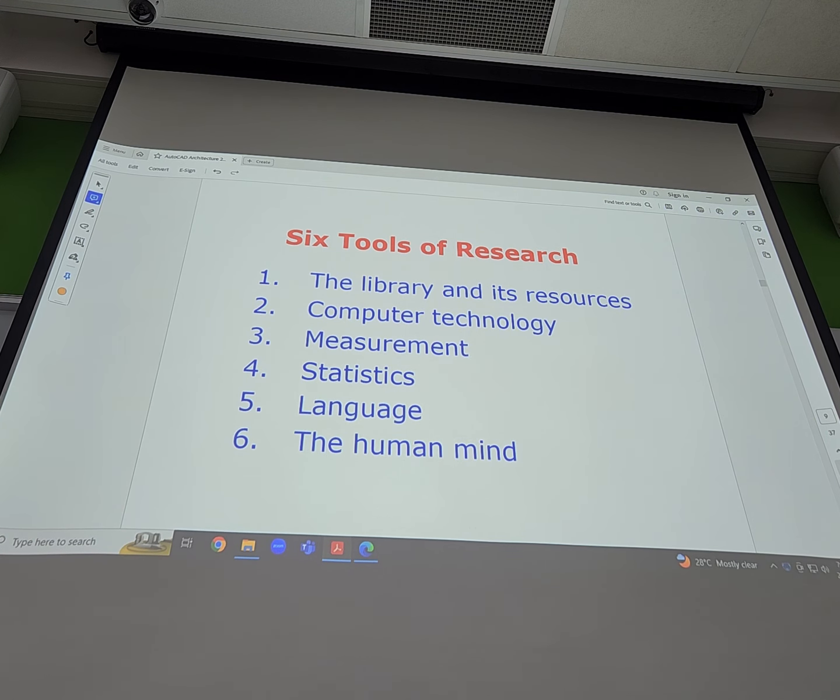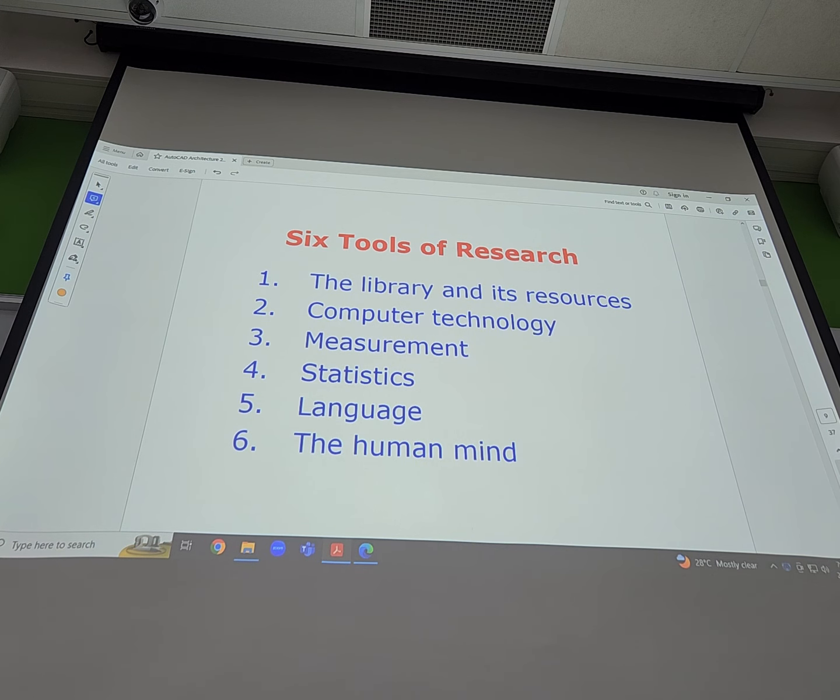Okay, so you need to go through the RMIT library. You have thousands and thousands of articles and journals. You can easily sort them out.